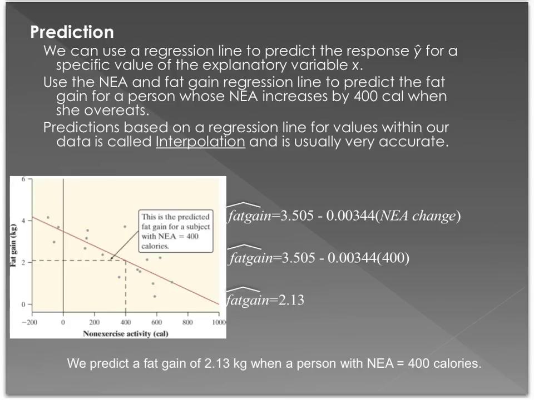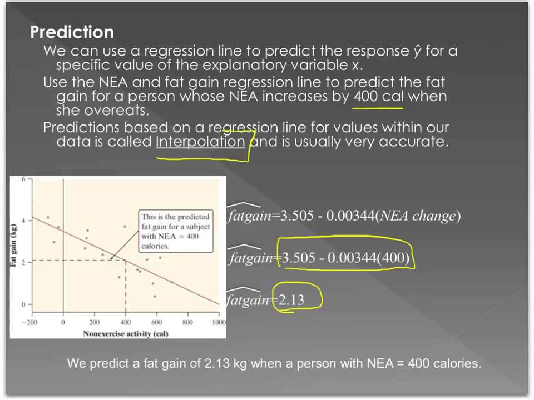So for example, if we were to try to predict how much fat gain a person would have whose non-exercise activity increases by 400 calories, we could plug 400 into our equation and get an answer. So this is what I did. I took 400 and plugged it into our equation, and the amount of fat gain we got was 2.13. And this is what we call an interpolation.